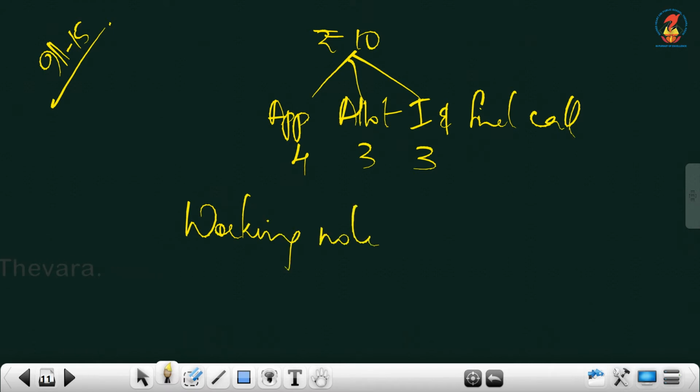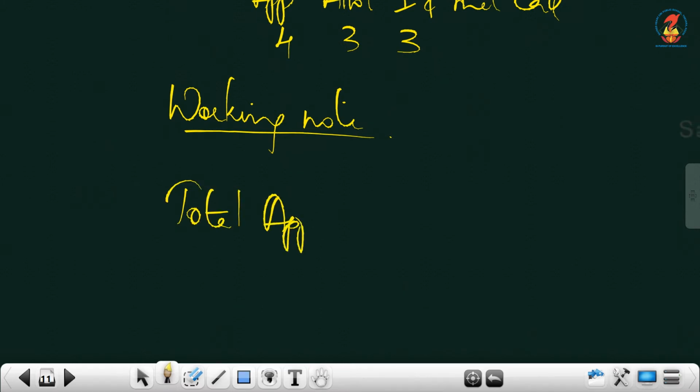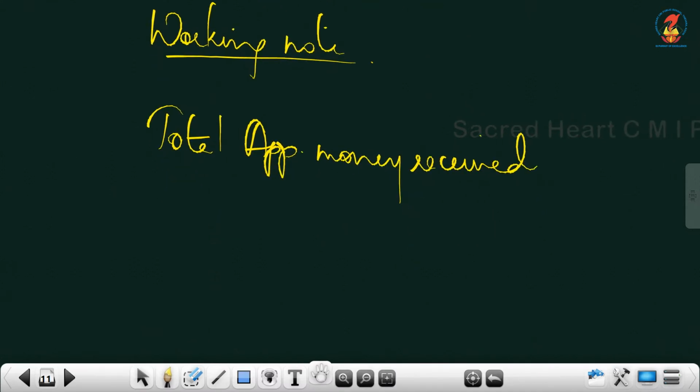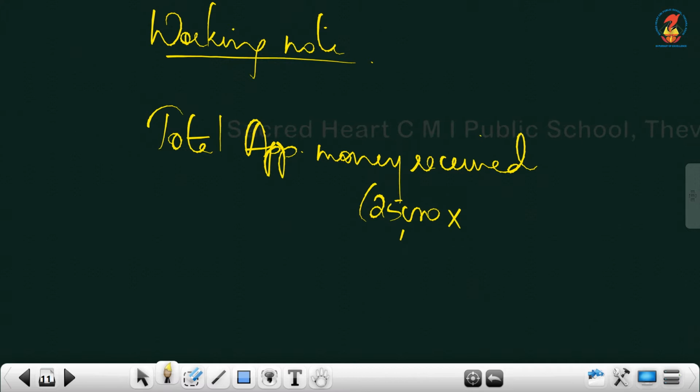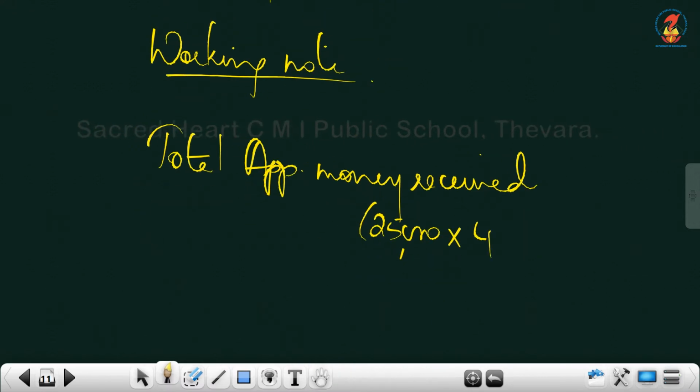Working note here is the same working note which we wrote before. Total application money received. On how many shares will you receive? You will get on 25,000 shares. 25,000 is the number of shares. You should compute the amount.